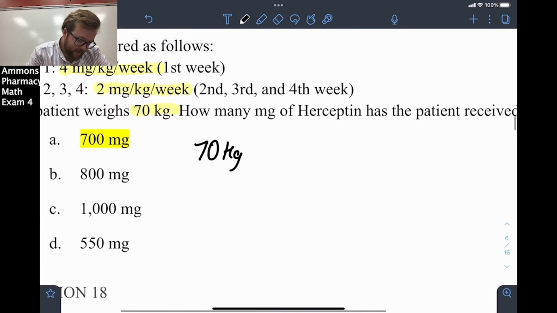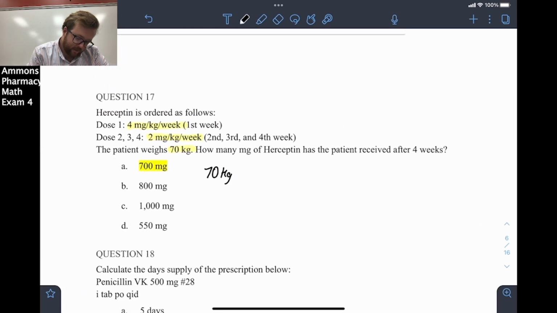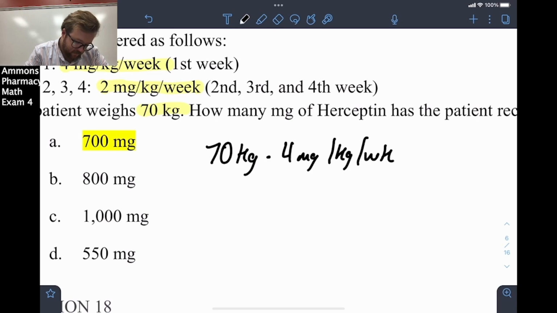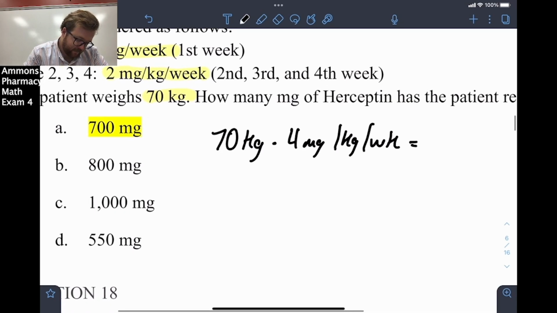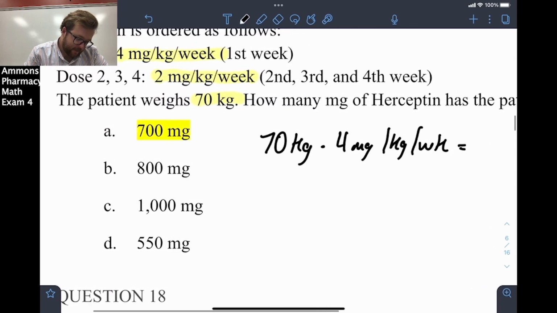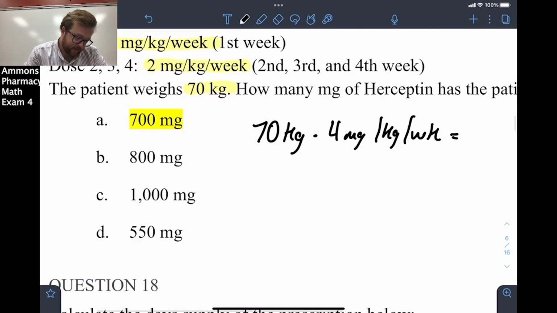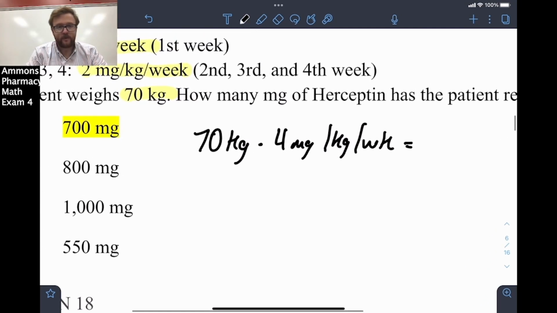Okay, 70 kilos. So they will get 4 milligrams per kilogram per week for the first week. And then for weeks 2, 3, and 4, they will get 2 milligrams per kilogram per week. Just remember, that is in 1 week.